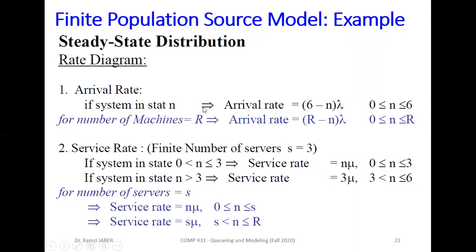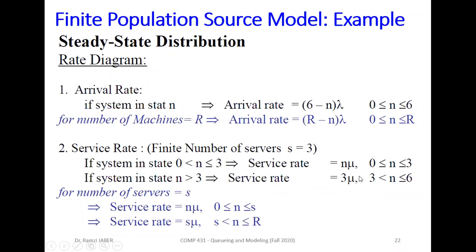This is the arrival rate. The service rate will be, with a finite number of servers, s equals 3 in this example. So if the system is in state 0 to 3, it will be n mu. Bigger than 3 will be 3 mu.